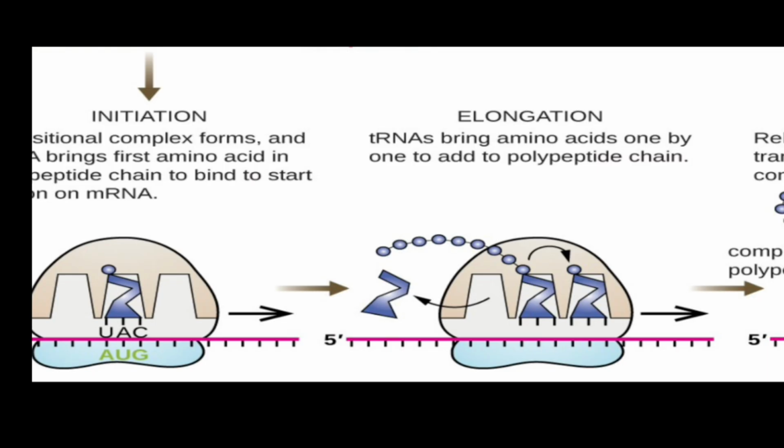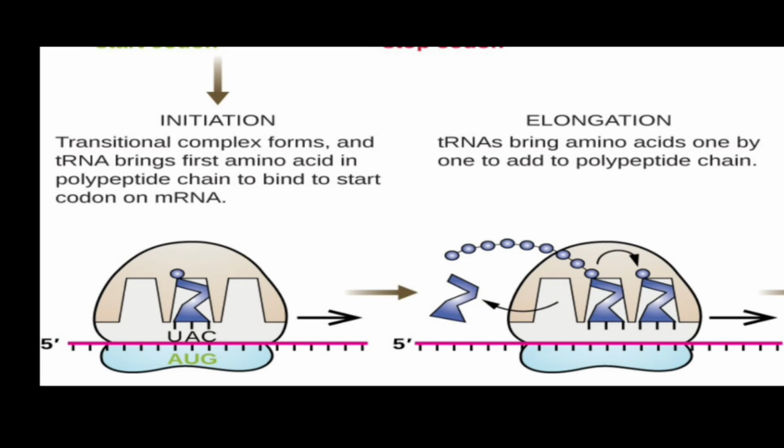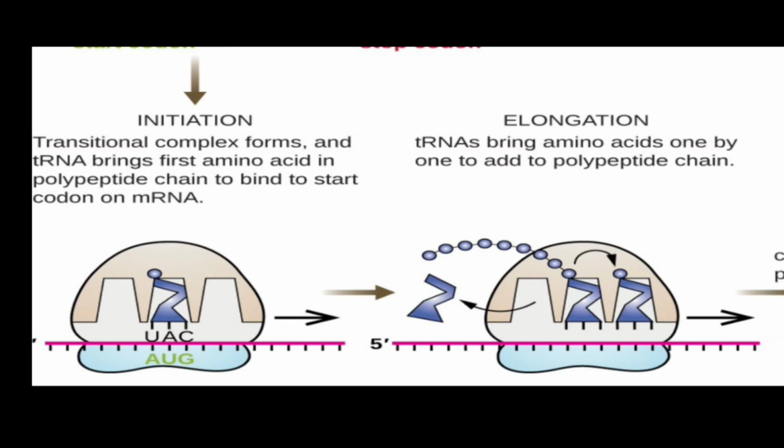At first, the start codon was read, and the second tRNA comes at the A site. There are three sites on these ribosomes. One is the exit site, and where there is a start codon, that is the peptidyl site or P site, and beside that start codon there is the A site.